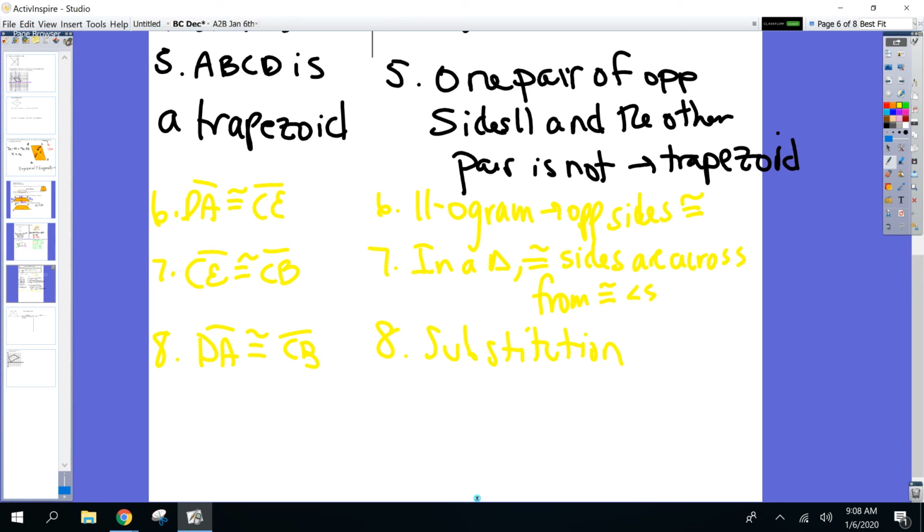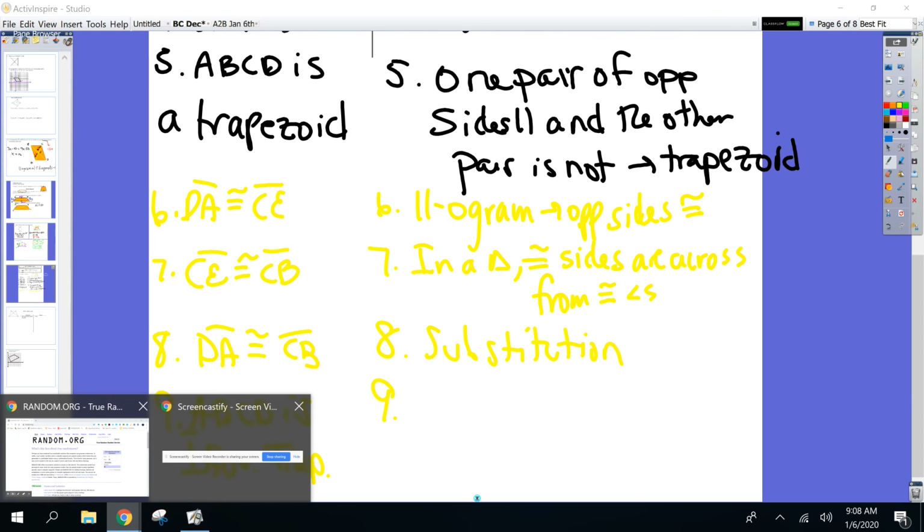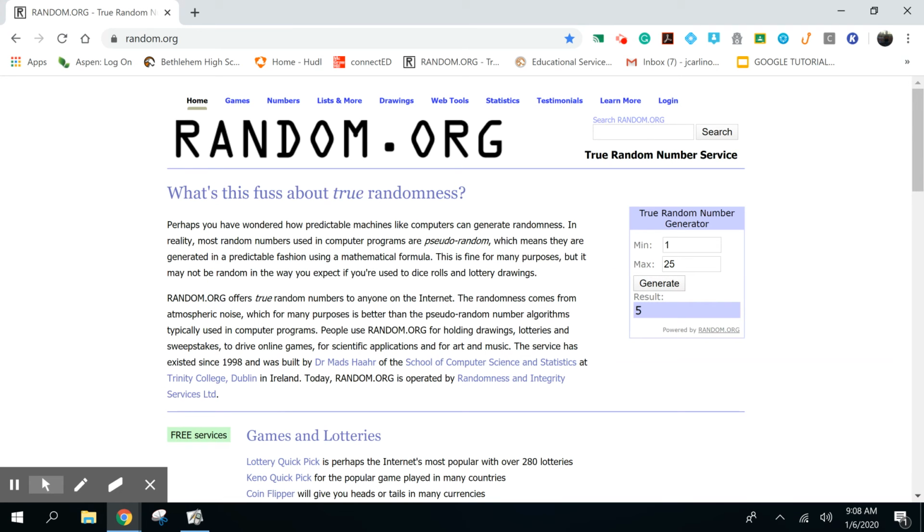So we called it a trapezoid. We proved it was a trapezoid. Now we proved the legs are congruent. That makes it an isosceles trapezoid. What's a nice little reason, in your own words, why is it an isosceles trapezoid? 5.